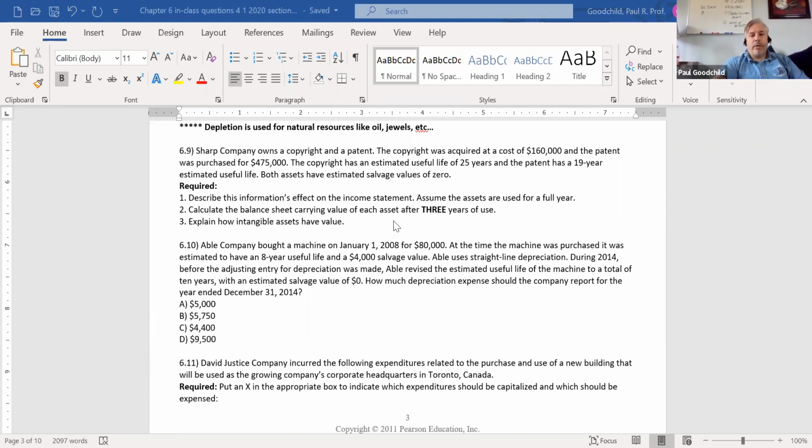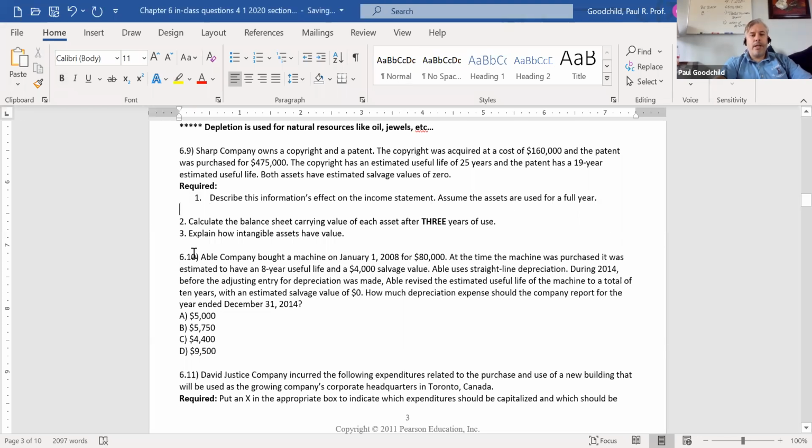So we're on to 6.9. So this will be one for you guys to try the first part. And when you get your answer, type it into the chat with me privately. And so it states that they have a copyright at a cost of 160,000 and a patent for 475,000.